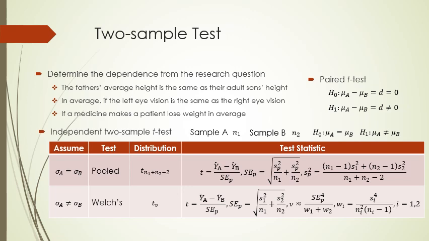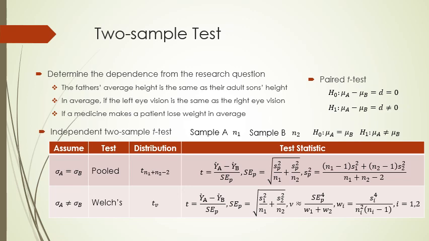More commonly, we don't have an obvious reason to suggest the samples are dependent. Then we have two independent samples. Let's say sample A has n1 observations and sample B has n2 observations.